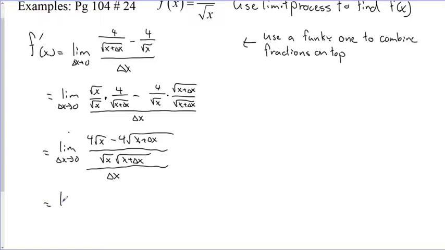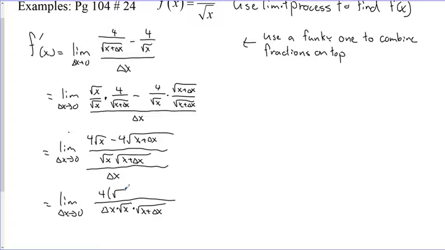So in that case, I'll have the limit as delta x goes to 0. And I'm just going to do the bottom here real quick. So this delta x moves up to the bottom of this fraction here. And so I have delta x times square root of x times square root of x plus delta x. Now, here on the top, I have a 4 and I have a 4, and I'm going to factor out that 4 simply because it's going to make my next step a little bit easier.